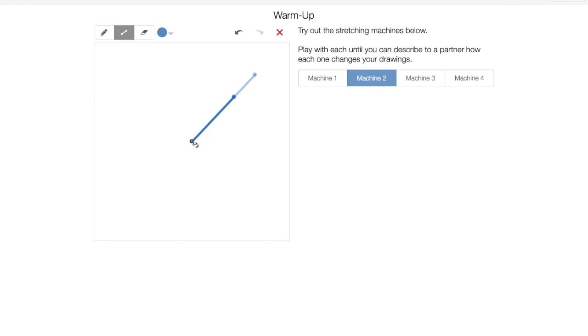We can see that by looking at the distance from the center of dilation, which is this point, to the pre-image. If we consider that distance as a whole, then the distance from the center of dilation to the image is 1.5 times this whole.